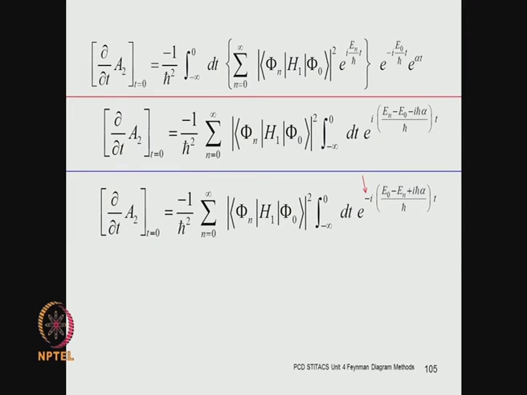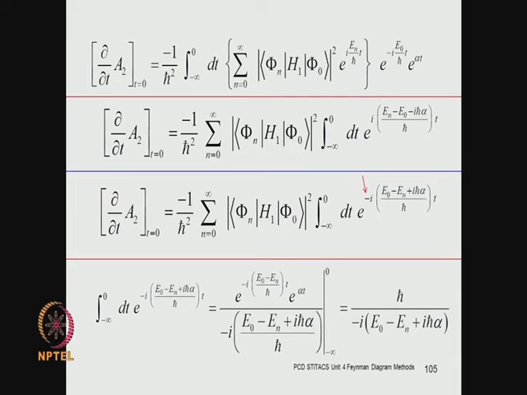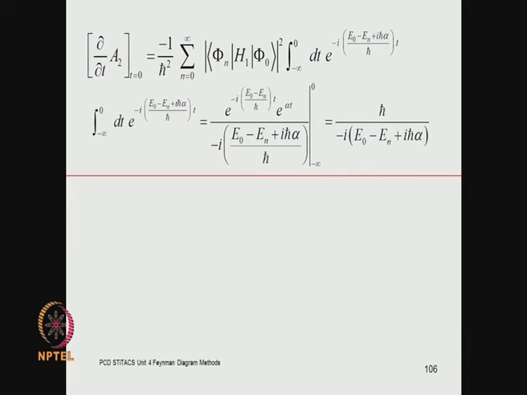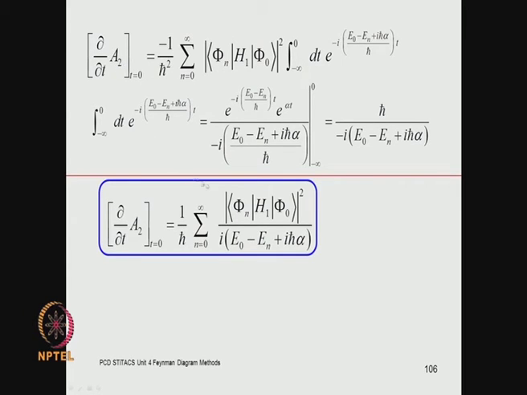Okay. So, now evaluate that time integral, put the limits minus infinity to 0, this is the result that you get. Okay. That is high school integration. All right. So, let us use this result. This is the result of the time integration, and we now get the partial derivative with respect to time of the element A2 at t equal to 0, which is given by this term.